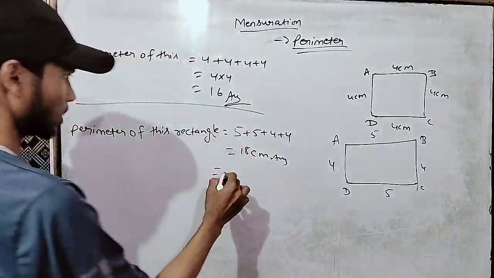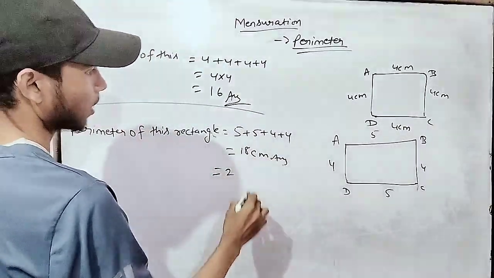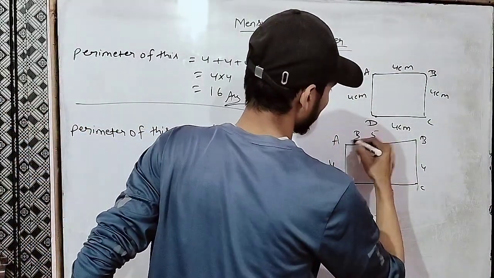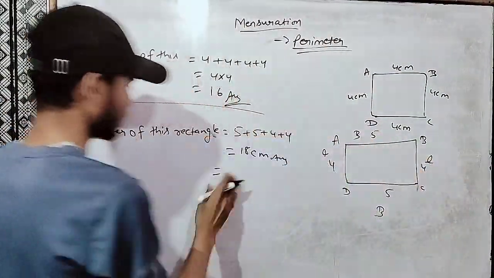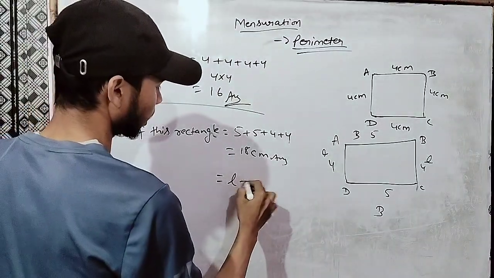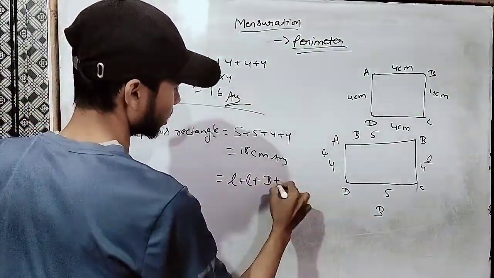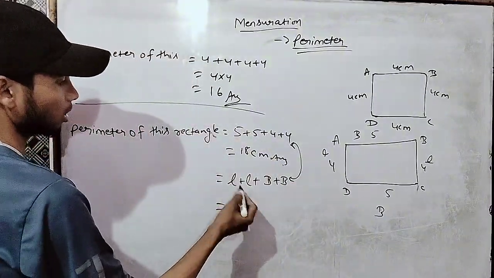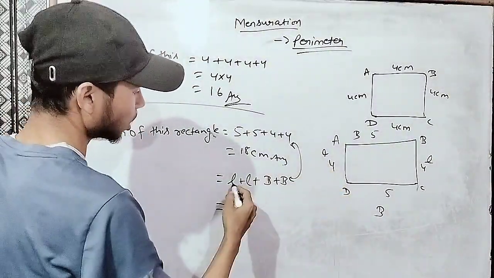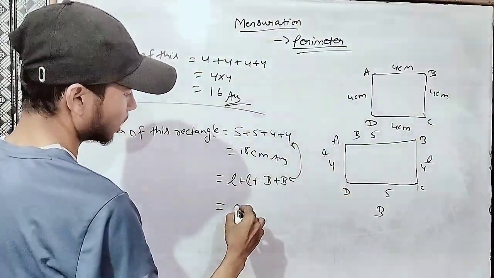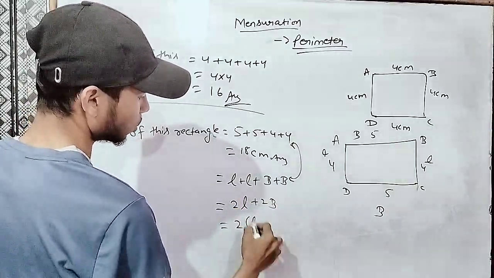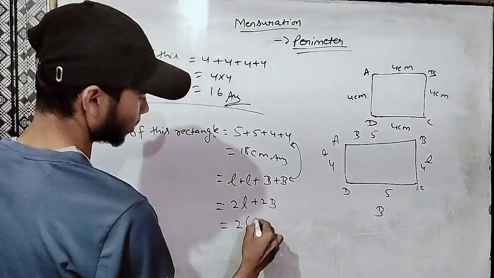But another formula is what? This is a breadth, this is also breadth, this is length, this is length. So here we can write L plus L plus B plus B. These are variables. We have L two times, then 2B. 2 is common, so 2 times (L plus B).